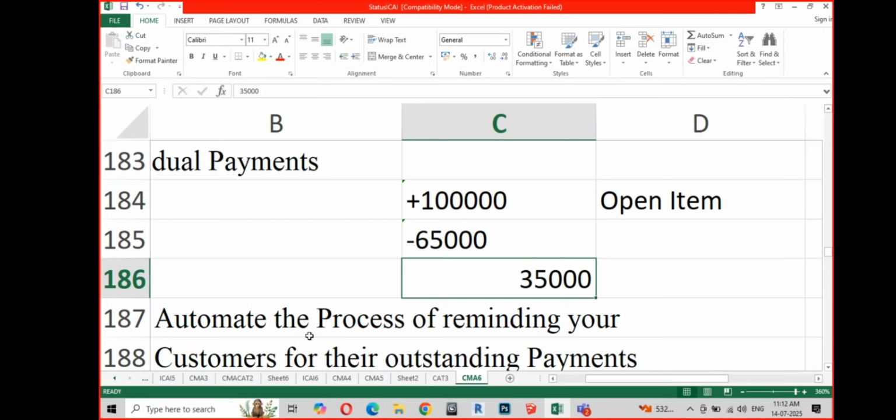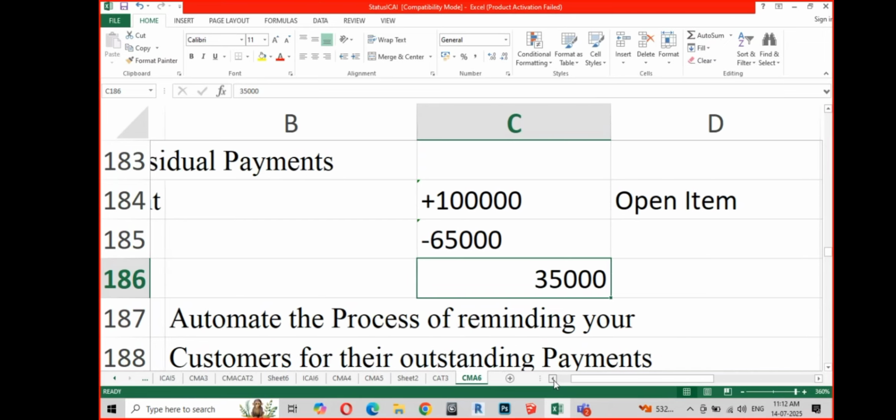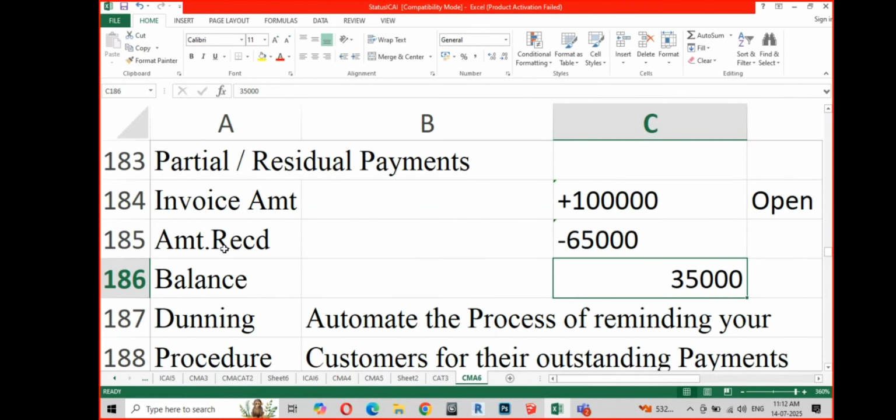Now, when the user uses the other way of affecting this transaction, there are two ways of recording this transaction in the SAP system. One is your partial payment option. The other one is a residual payment option. Clear? Now, what happens if this installment payment transaction gets into the residual mode?